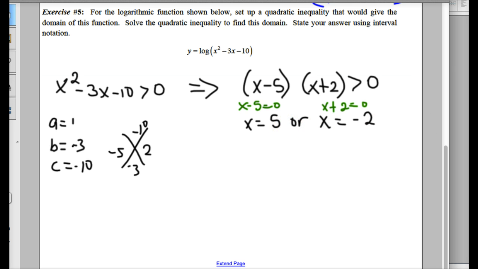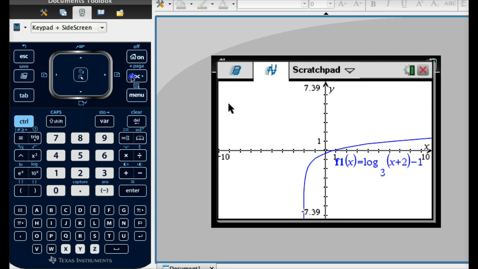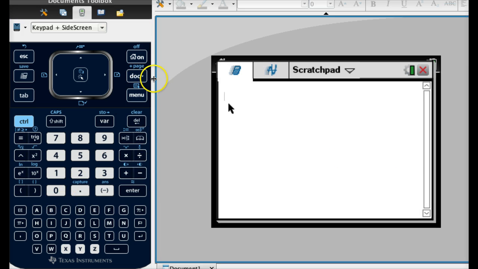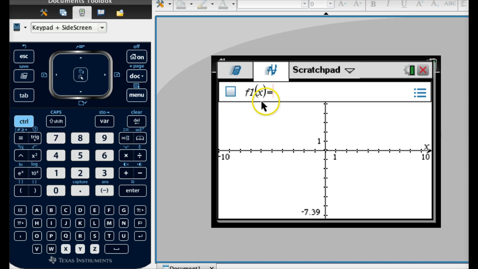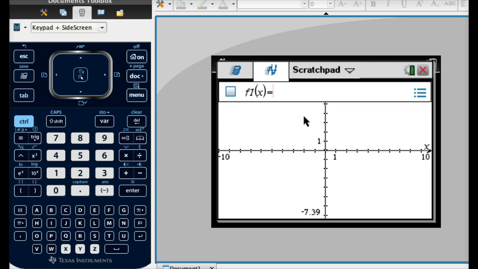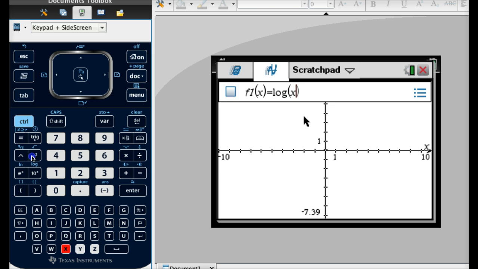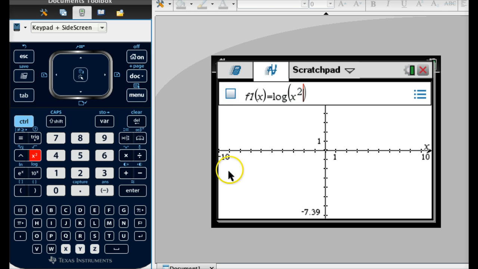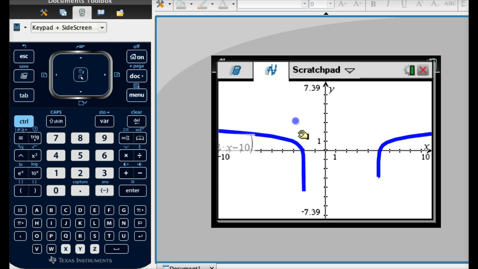How do I know what to do here? Go to calculator, delete whatever you have, and then I'm going to go to graph. I want to enter this function. I am going to enter just a regular log of x squared minus 3x minus 10. Enter. Look at what's happening here. These were the answers.